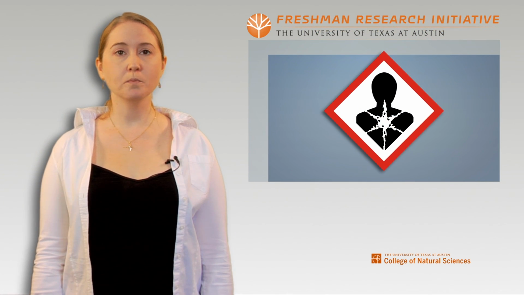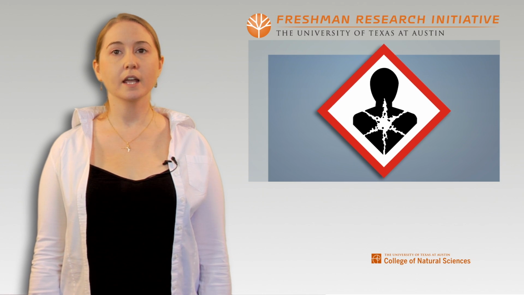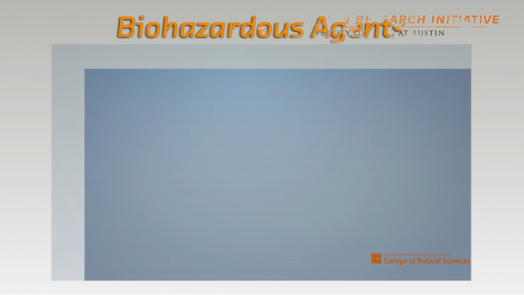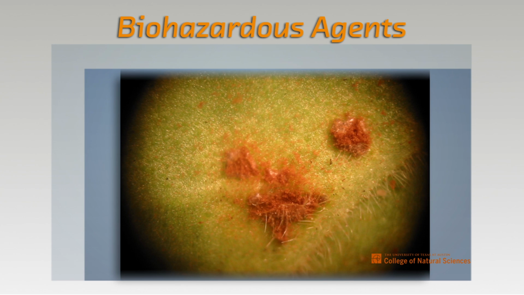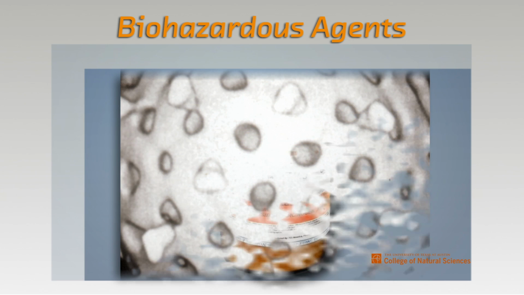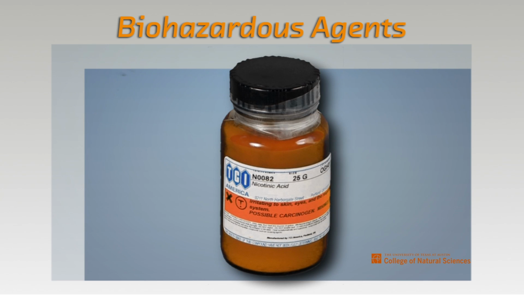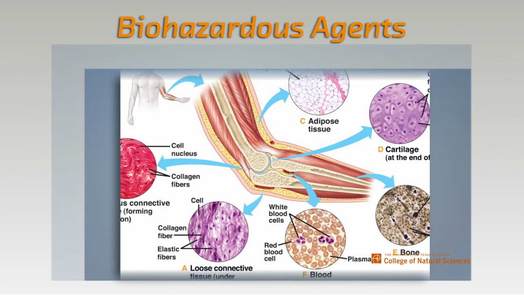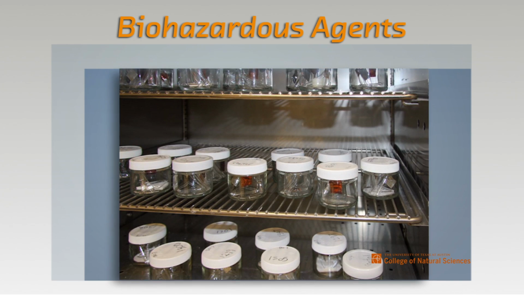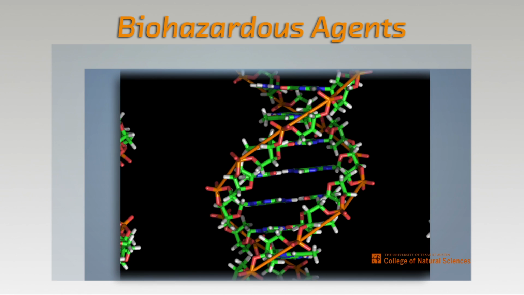Biohazardous agents that you may encounter in your research include bacteria, fungi, viruses, toxins, allergens, human and animal cells or tissues, clinical specimens, and recombinant products, such as recombinant DNA.